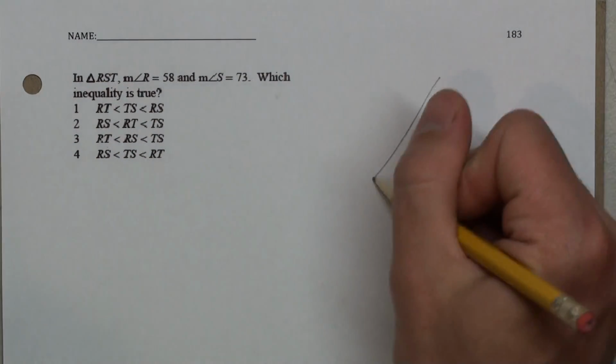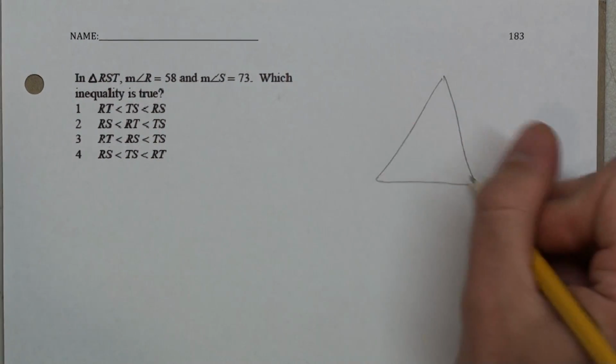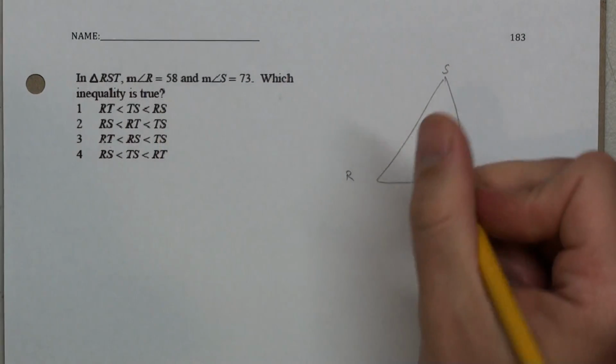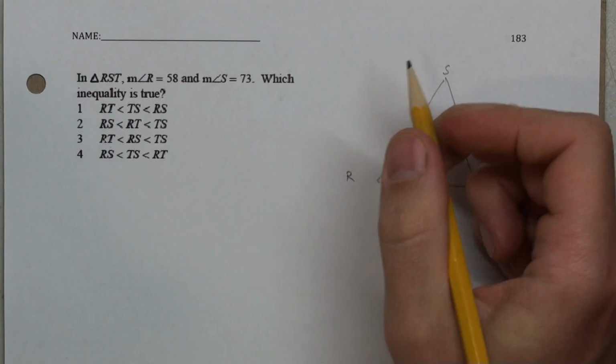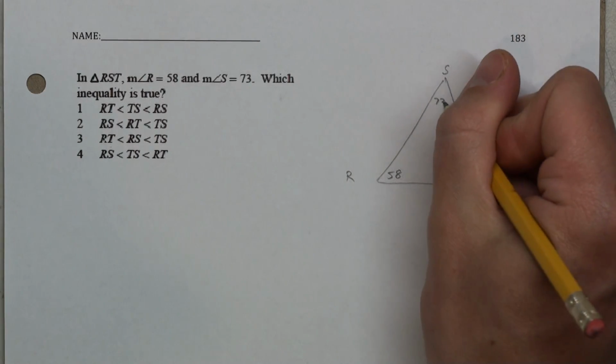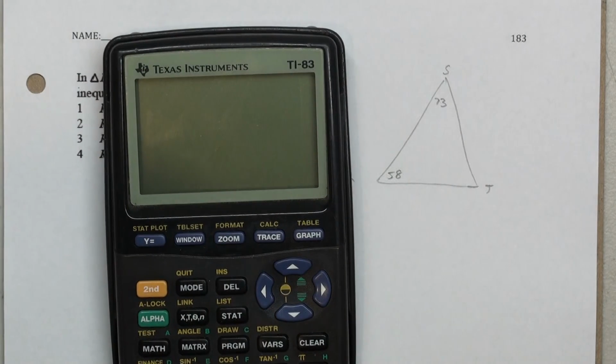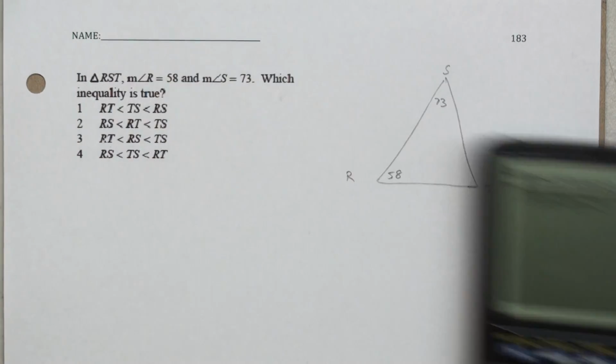In triangle RST, R is 58. S is 73. So then T would be 180 minus 58 minus 73, 49.